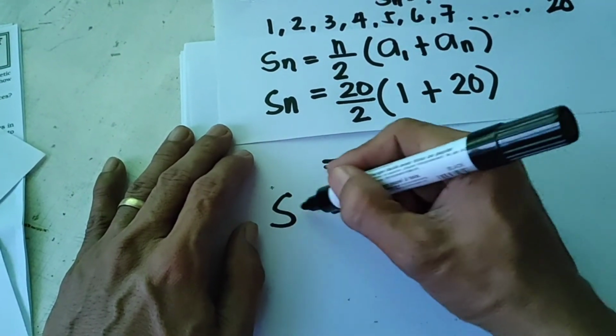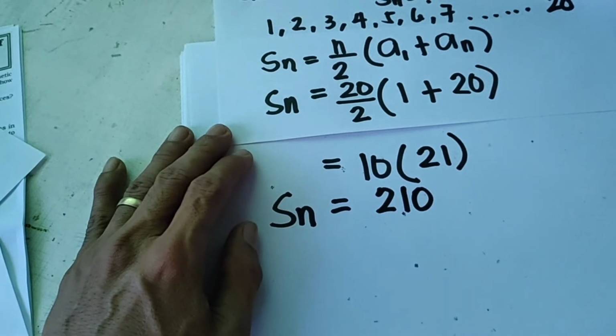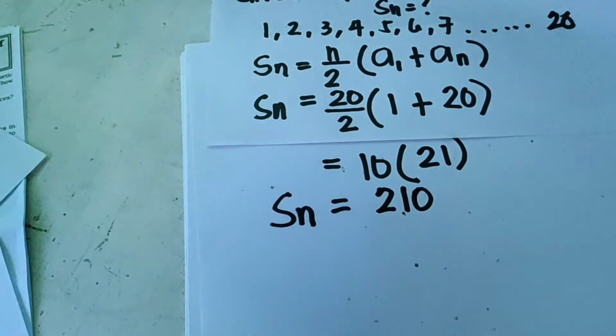So this is the total number of, or the sum of the 20 numbers present in the problem. If we are going to add 1 plus 2 plus 3 plus 4 up to 20, so the sum of that is 210. Is that clear?